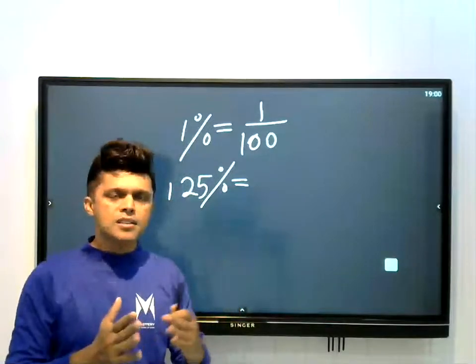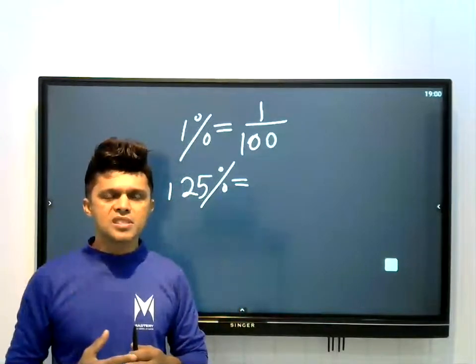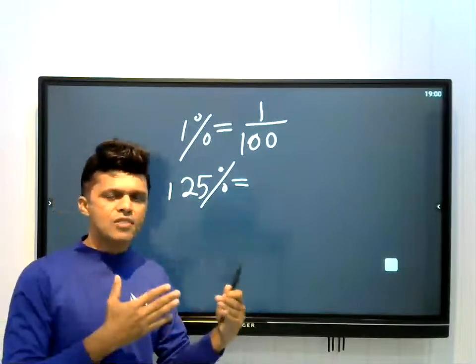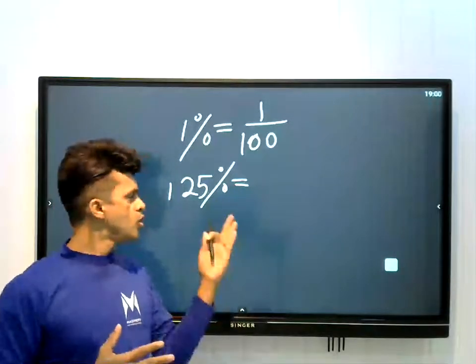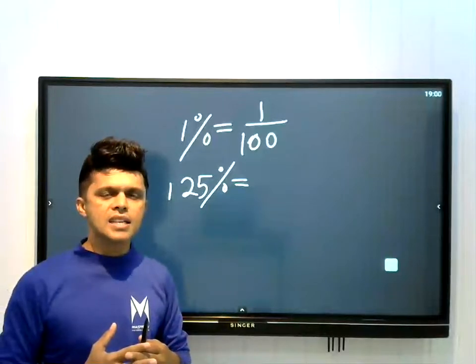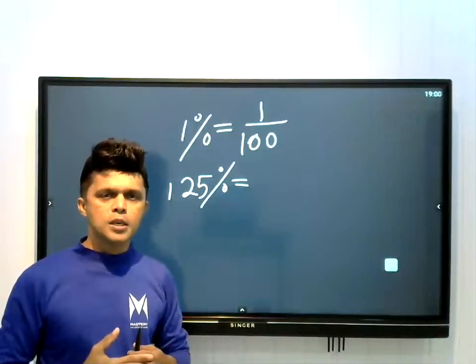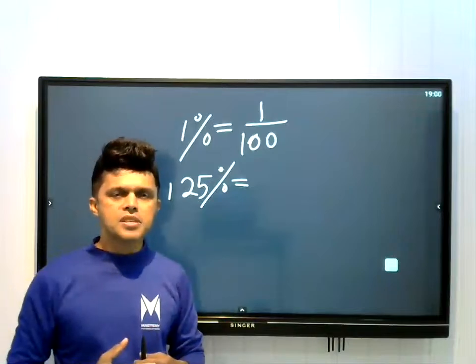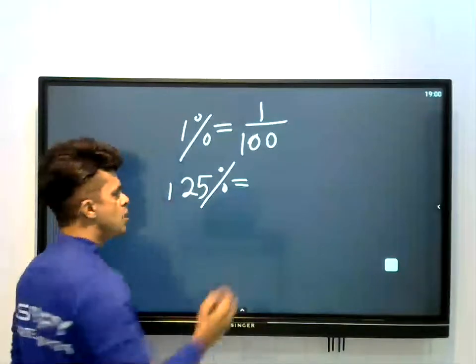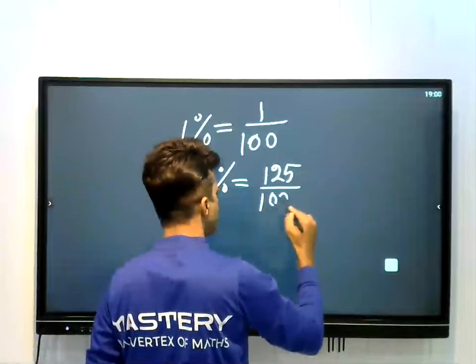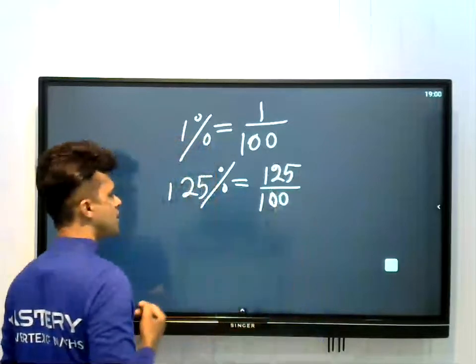This can occur when it comes to businesses and so on, then this percentage can be related with that. Although this value is more than 100, this can be given in the test as well. So 125% can be written as a fraction, 125 over 100.